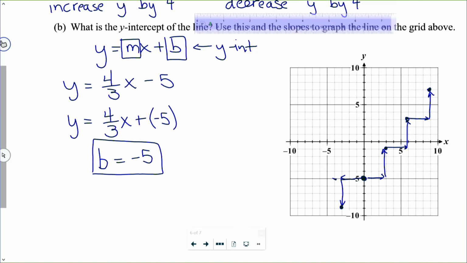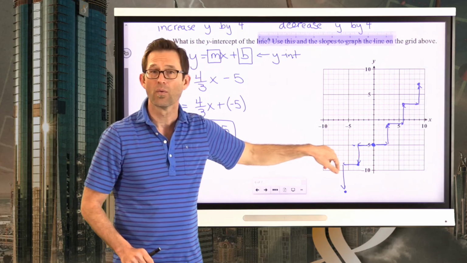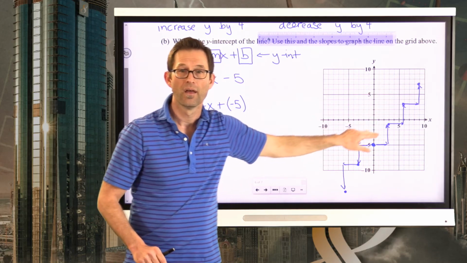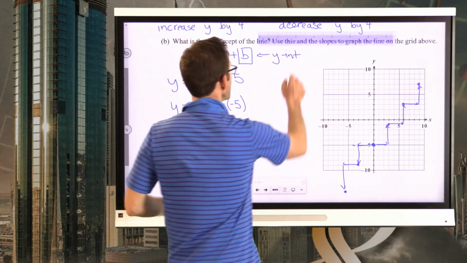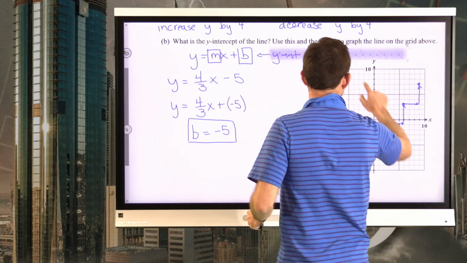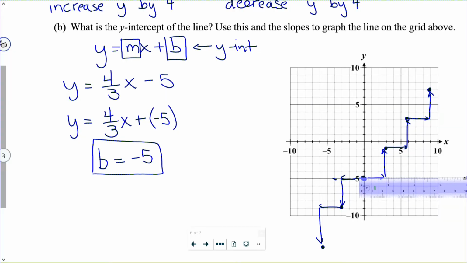And if I had more graph grid, I would decrease x by 3, decrease y by 4, etc. The key is that these points down here will fall in that pattern, thus creating a nice straight line that will hopefully actually graph out as straight this time, or at least graph out as a line.